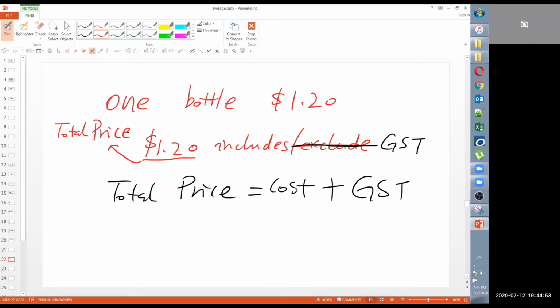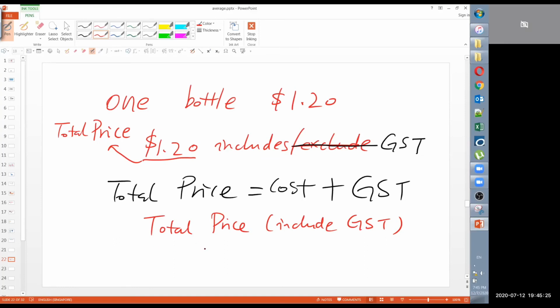So whenever it includes the GST, it's called the, what's the name? Total. Total what? Total price. So total price is always include GST.